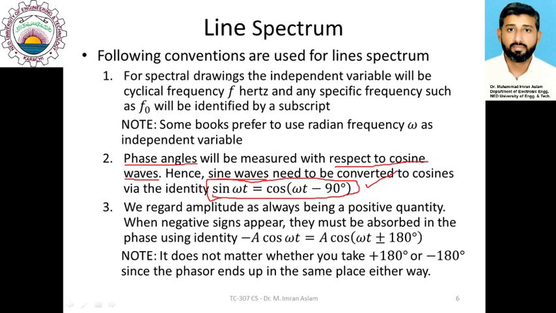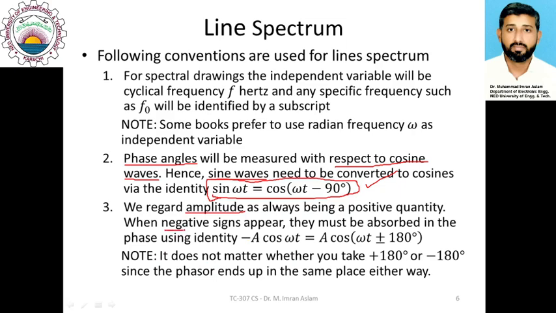Third important convention is related to the amplitude. Amplitude of any wave is always taken as a positive quantity, because amplitude represents the maximum value that the wave can attain in the time domain. So this amplitude is actually taken as a positive quantity only.